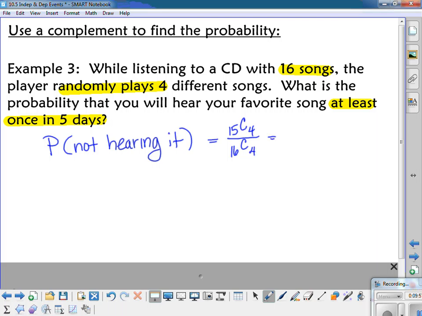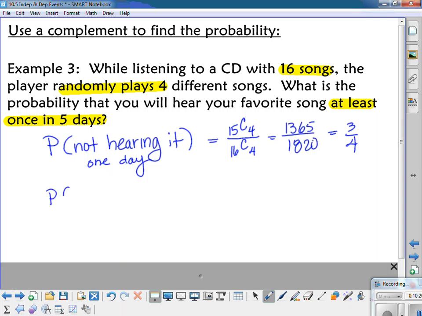So when I do that, it comes out to 1365 over 1820, which actually reduces to 3/4. So that's the probability of not hearing it just on one day. But I've got 5 days that I'm talking about, right?